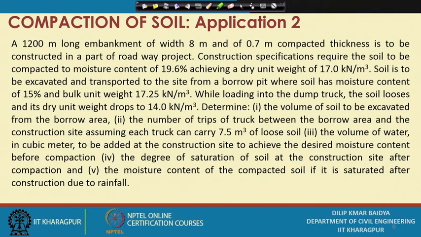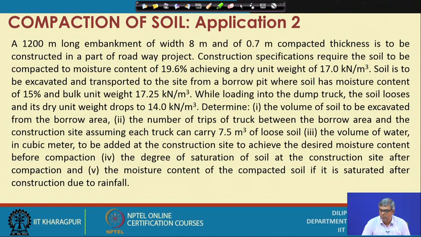Given that condition, you have to find out the volume of soil to be excavated from the borrow area, and the number of trips of truck between the borrow area and the construction site, assuming each truck can carry 7.5 meter cube of loose soil.